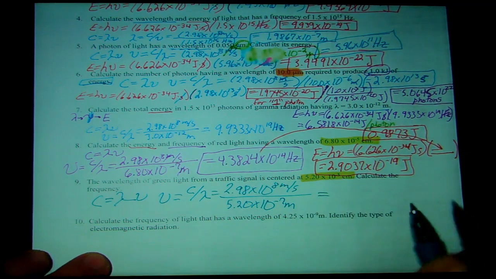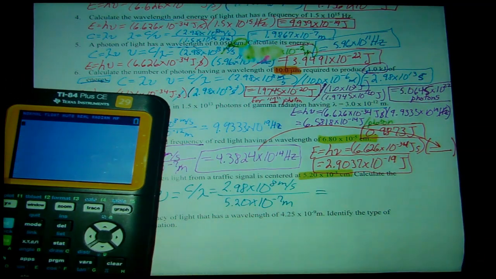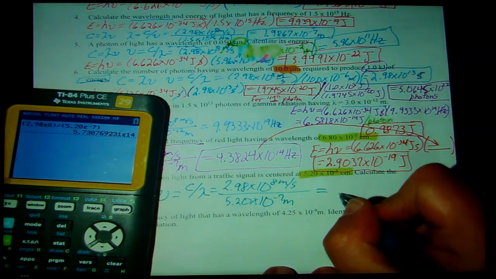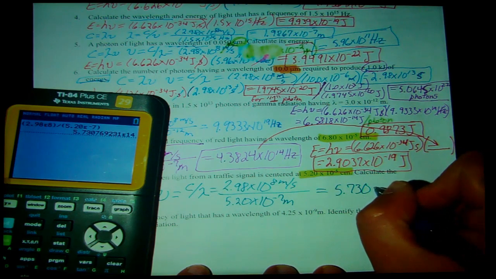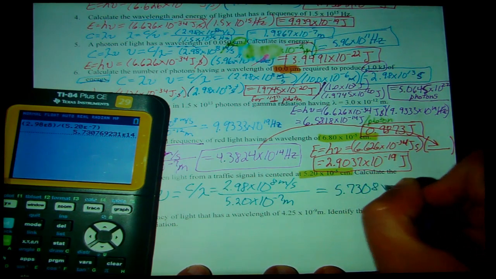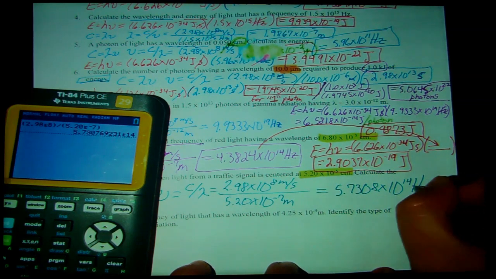That's what you should get once you make that proper conversion. If you're still struggling with that, go back to the video on those conversions and watch that. And the answer is 5.7308 times 10 to the 14th hertz.